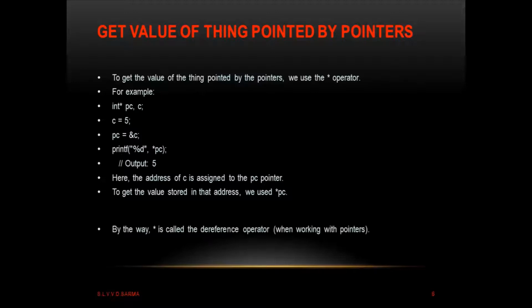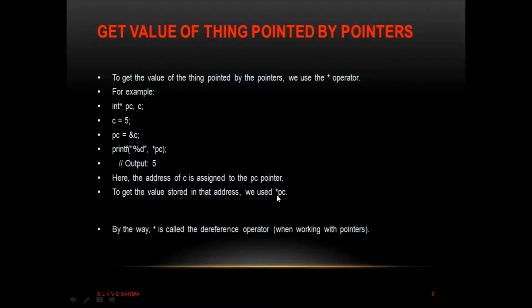What is the meaning of asterisk pc? pc contains some value. What value does it contain? It contains the address of c. At that address location, the value 5 is there. That's how we get the value.